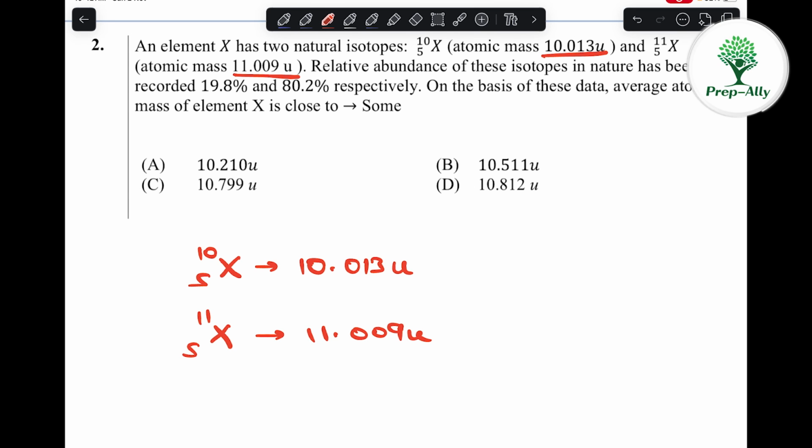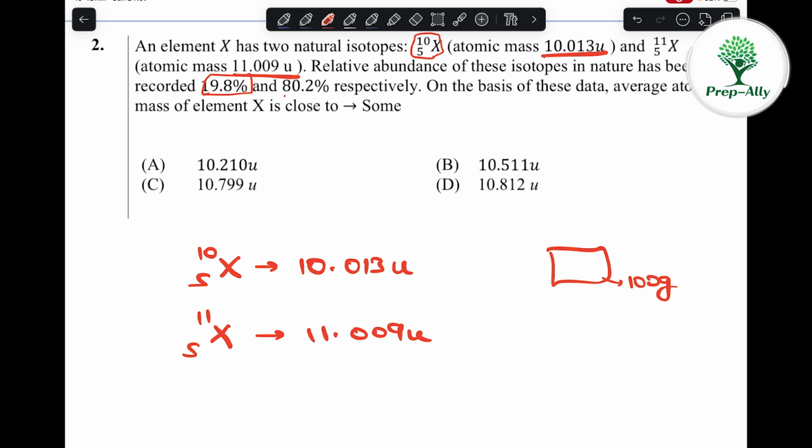The relative abundance of this isotope in nature, which means in this world, in this universe, if I take 100 grams of something, I would find the isotope with atomic mass 10.013 at 19.8 percent, in grams you can say.